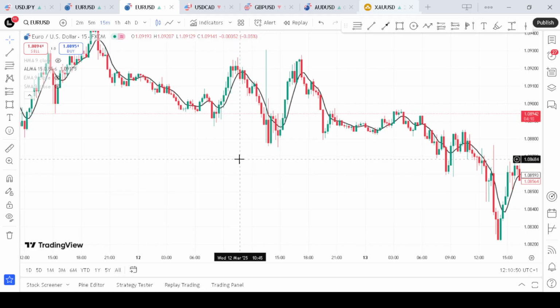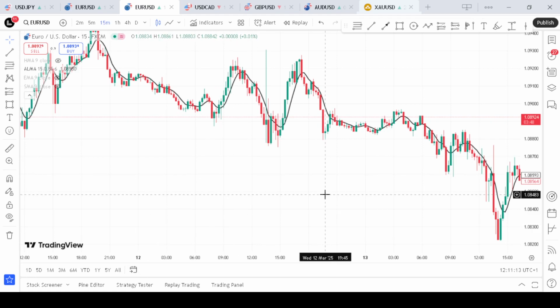Always remember that despite its advantages, the ALMA is not without challenges. Its complexity can be intimidating for beginner traders, and incorrect parameter settings may lead to misleading signals. To mitigate this, traders often pair the ALMA with other indicators like the RSI or Fibonacci levels for confirmation.